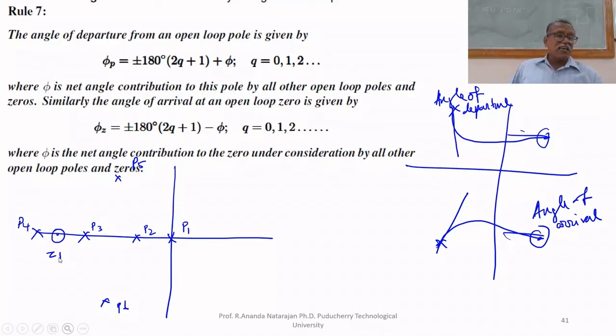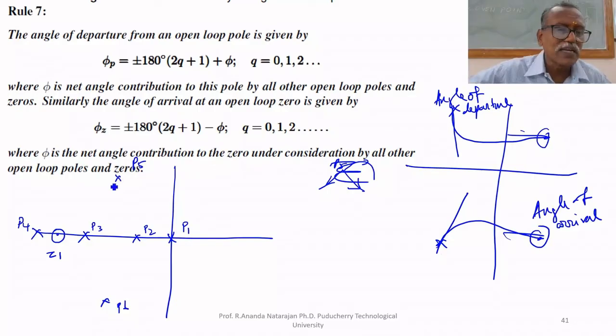But here, 2 complex poles are there, P5 and P6, so there will be an angle of departure. From P5, is it coming out like this, or like this, or like this? We do not know at what angle it is coming out. How to find it?